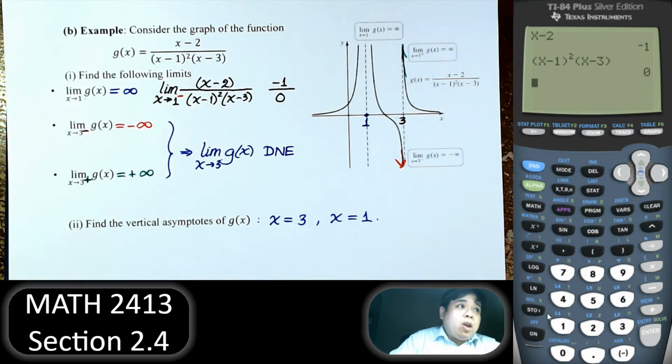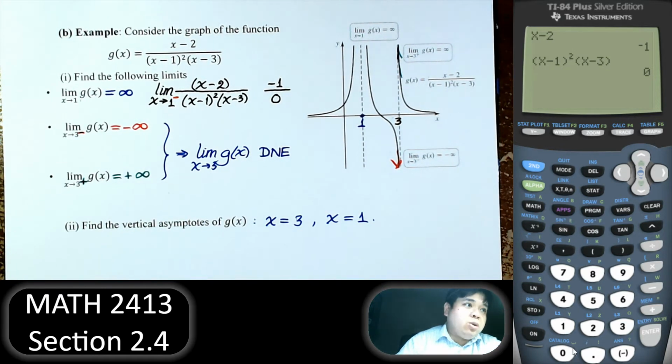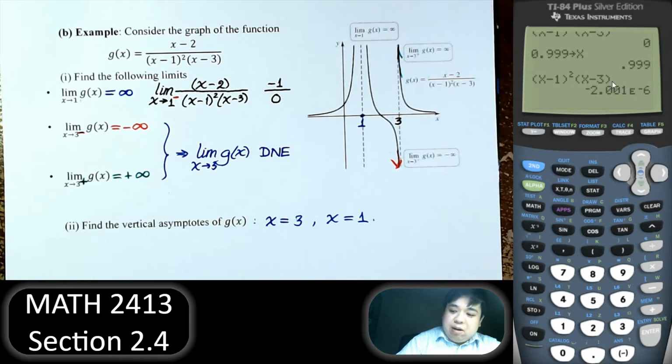So in that case, what I do is take a number on the left side of 1, so you can choose something like 0.999 and store into x. And then evaluate that again. We have a negative number.